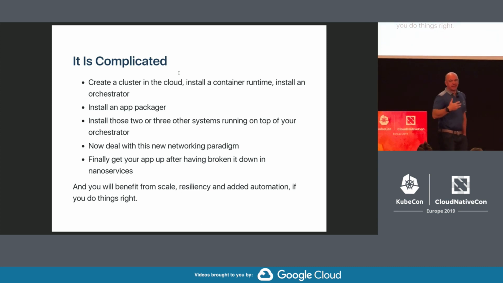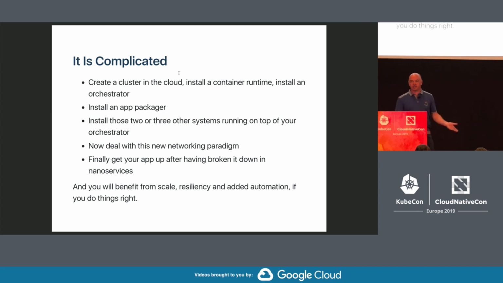And the truth with that landscape is that it's very complicated. You end up creating a cluster in the cloud, installing a container runtime, installing an orchestrator, installing an app packager, then installing 2 or 3 of those other systems using Helm on top of your orchestrator.